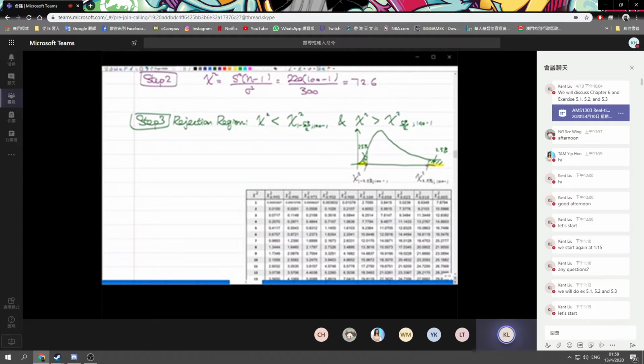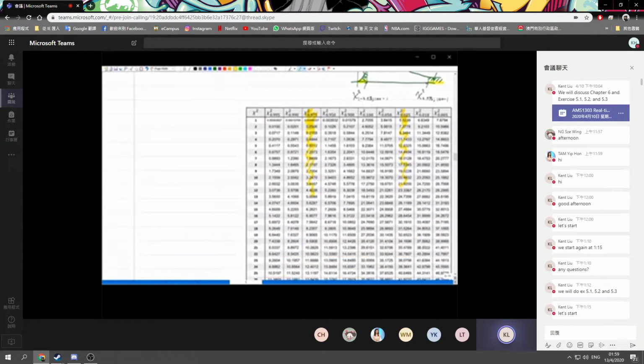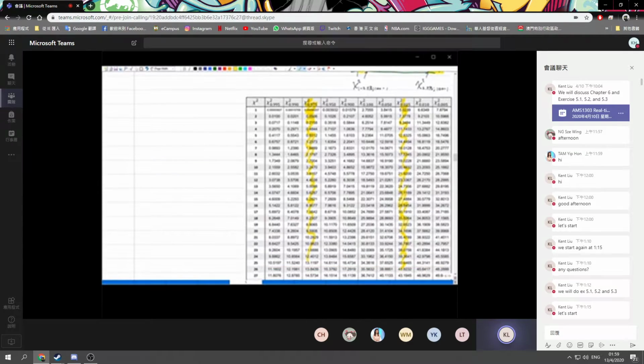First, we know we should focus on the 2.5% column and the 97.5% column. Then we scroll down until we reach degrees of freedom 99.